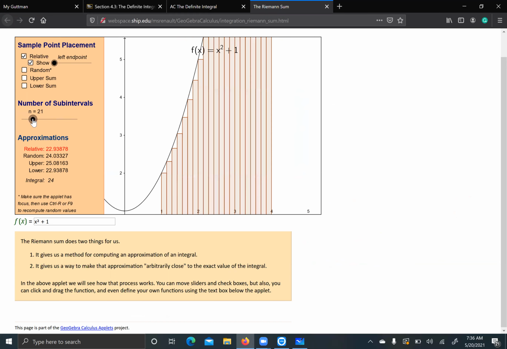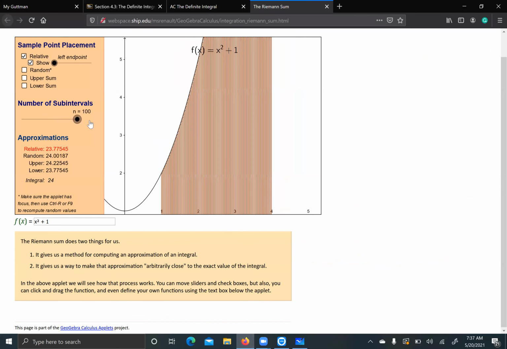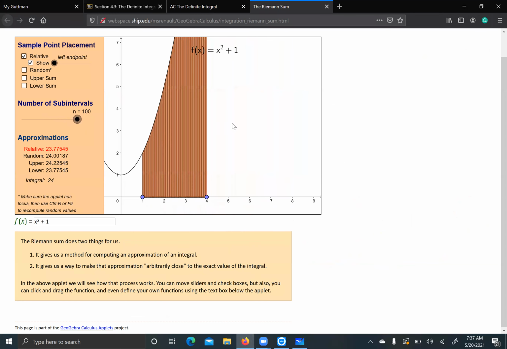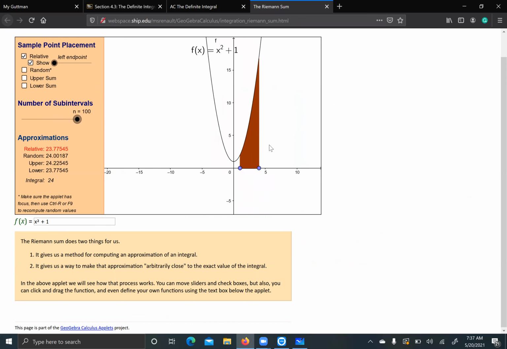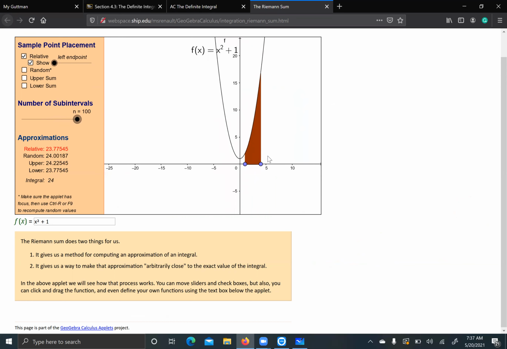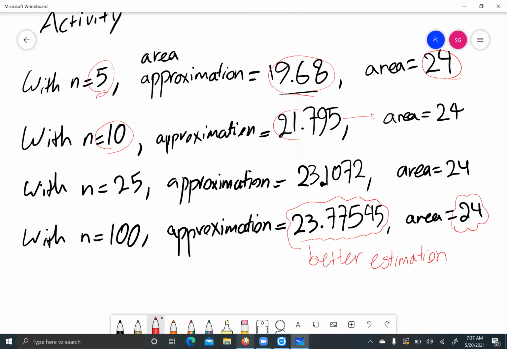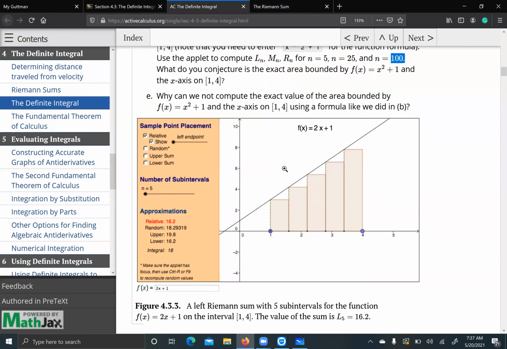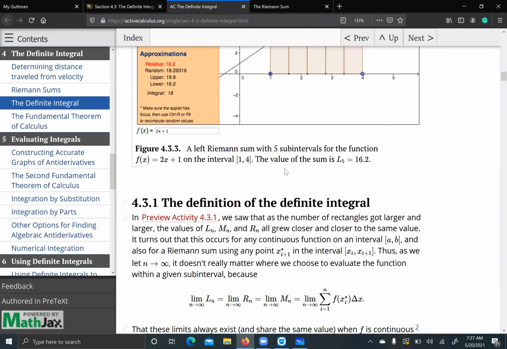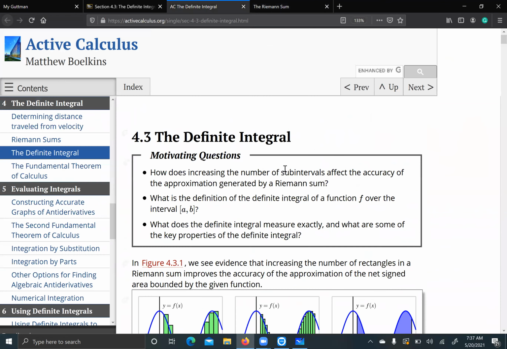But as you increase the number of rectangles, you will end up with a value that is closer to the real value, and it gives you a better approximation, better estimation. Okay, so that's the effect of n, the number of subdivisions.